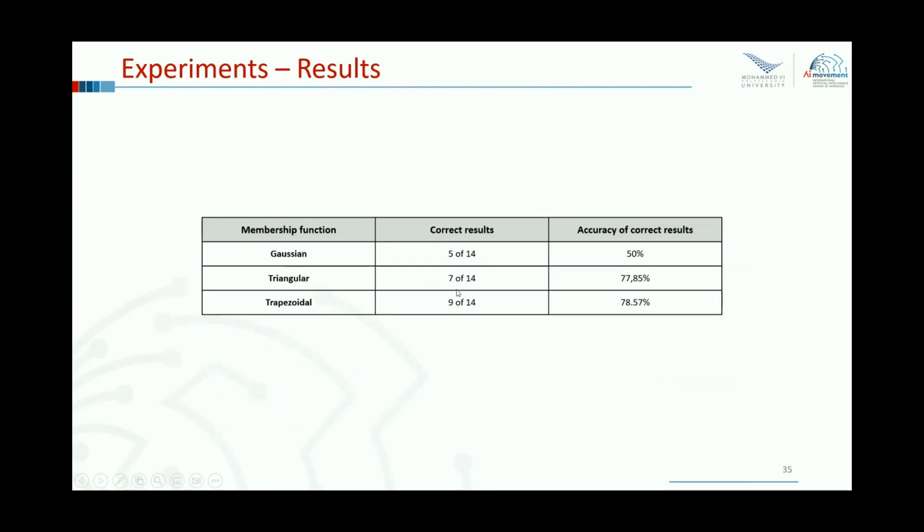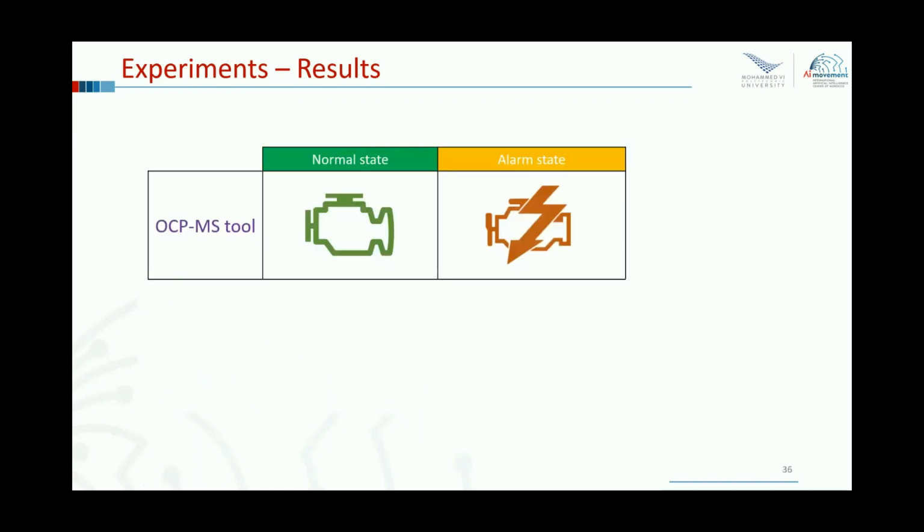The triangular is 7 of 14 with an accuracy of 75.85%, and the trapezoidal 9 correct results with an accuracy up to 18%. So this can answer our third question. The trapezoidal membership function is the best for our case.